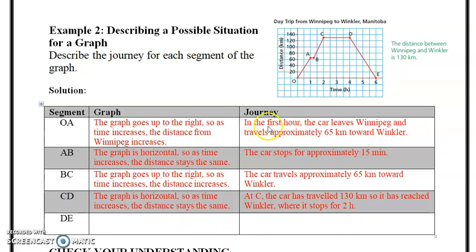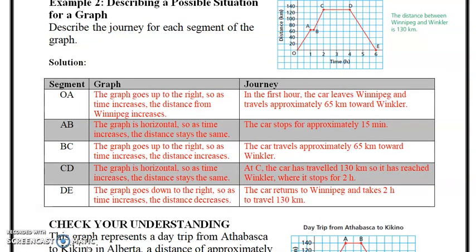All right. And then D to E is obviously the return trip. Looks like they haven't stopped. Went directly home because there's no stoppages at all. Okay. And we'll write that in. So from D to E, like I mentioned earlier, the graph goes down to the right. So as time increases, the distance decreases, which means they're coming back to return. So like I said, those of you who have taken Science 10, you've already had this part when you've done the physics unit in motion.